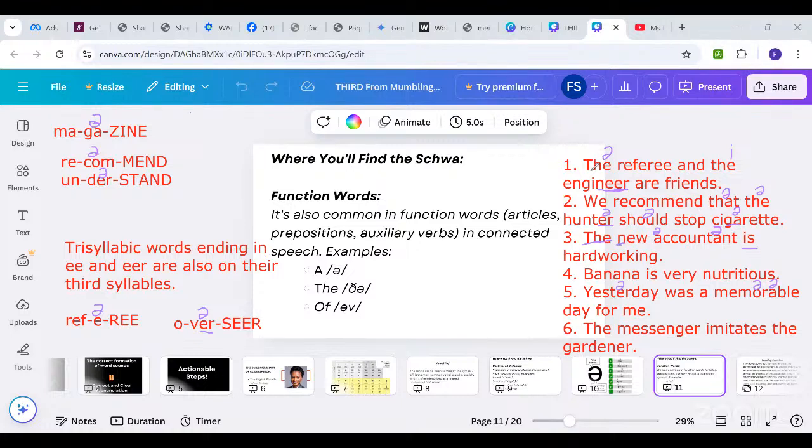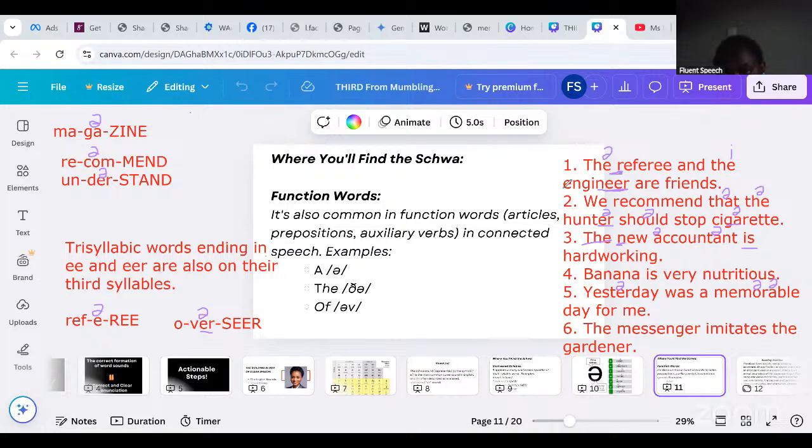I explained it here. When you have THE, the next word starts with a consonant, you change the vowel into a schwa. But if you have THE and the next word starts with a vowel, you don't change into a schwa. So you're correct. We should change it into a schwa because new starts with a consonant N. Then is also, we change it into a schwa.